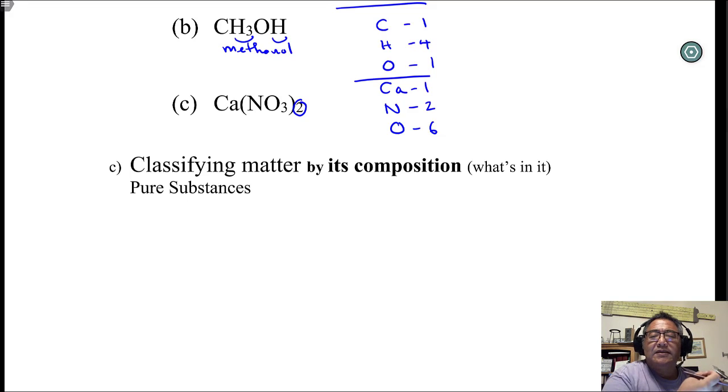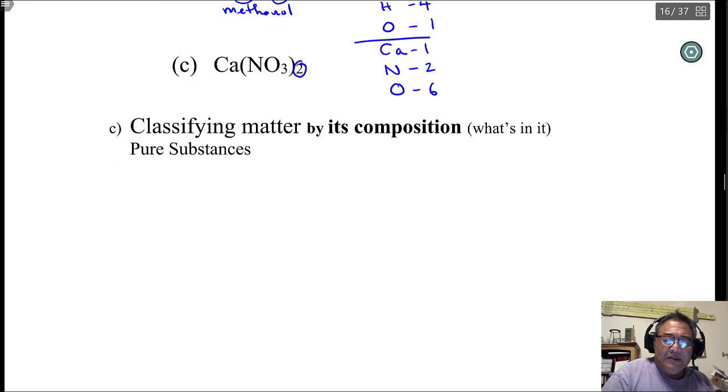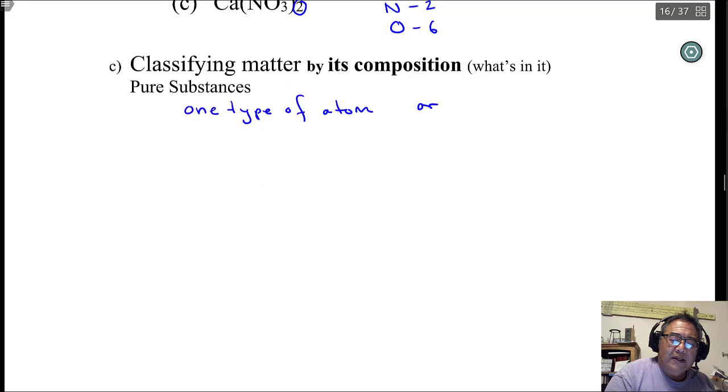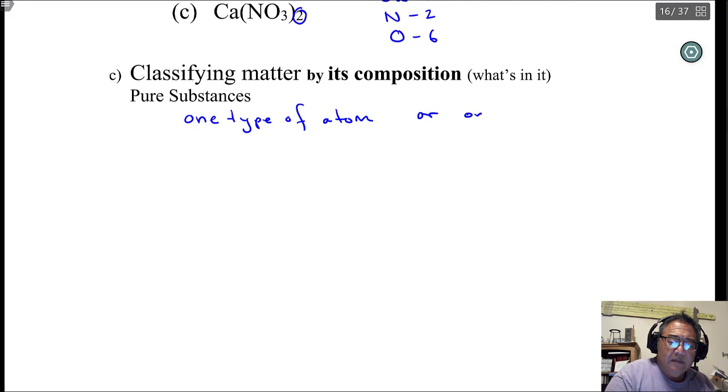We think of homogeneous sometimes, but what we should be thinking about is all one kind of unit. So, for example, a pure substance is 1 type of atom, or, not and, or 1 type of molecule.